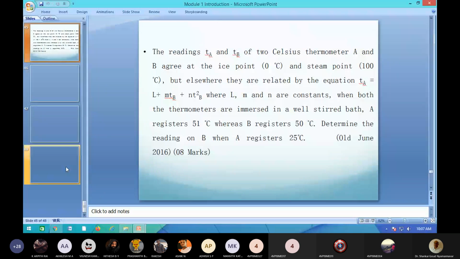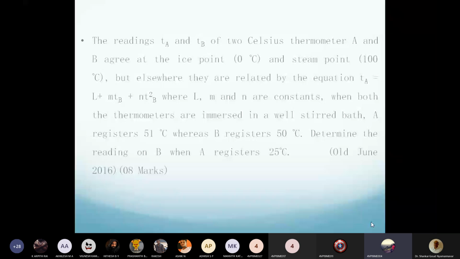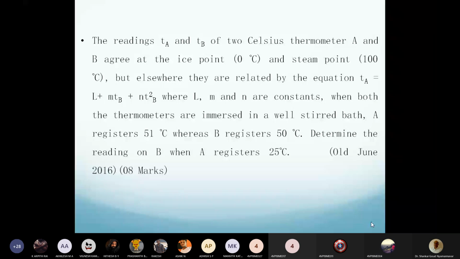Okay, there is one more problem. Try to solve this. The readings TA and TB of two Celsius thermometers A and B, there are two thermometers, both are Celsius thermometers only, at ice point and steam point are related by an equation.